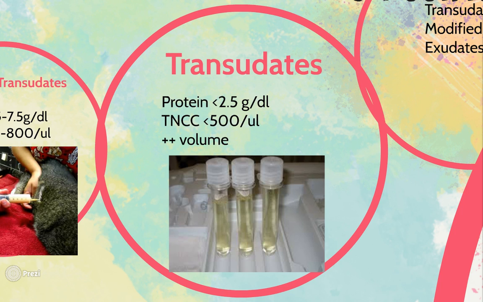Hypoalbuminemia is a common cause of this, because albumin is so important in drawing that fluid back into the circulatory system. So if we have low albumin in the body, that can cause transudates to accumulate in the abdomen or thorax.